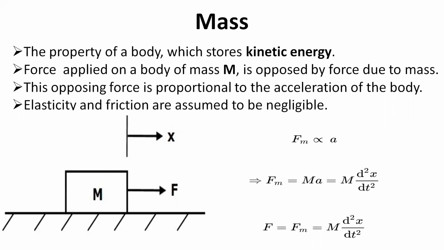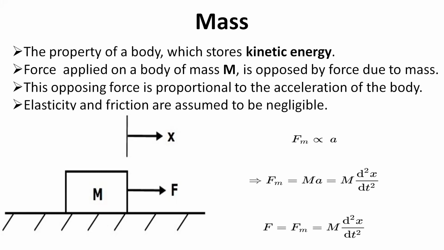Mass is the property of a body which stores kinetic energy. If a force is applied on a body having mass m, as we can see from the figure, then it is opposed by an opposing force due to mass. The opposing force is proportional to the acceleration of the body.